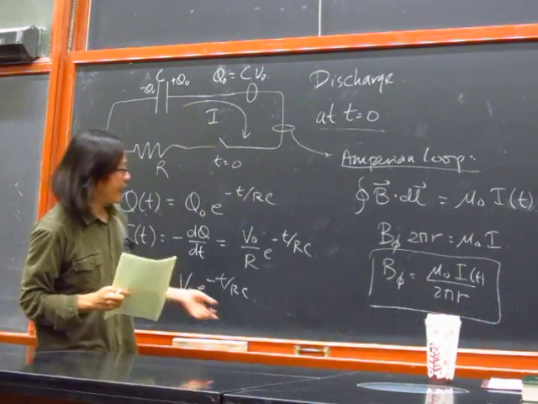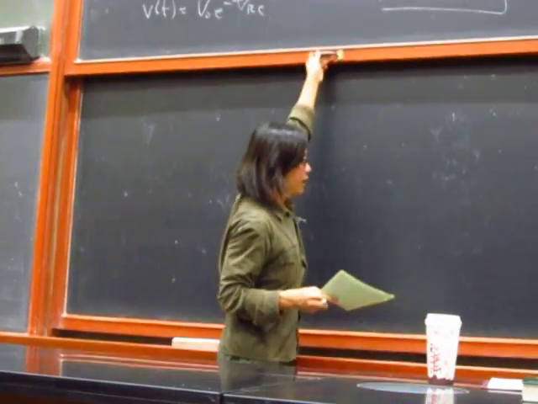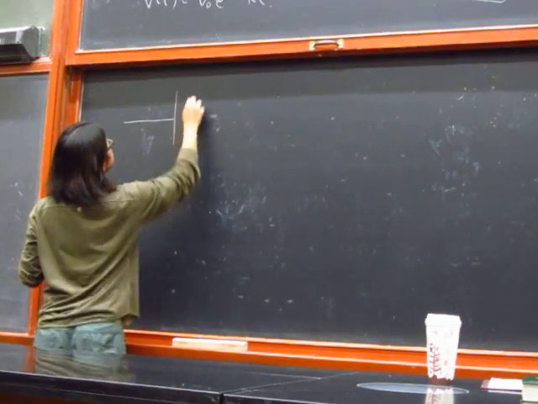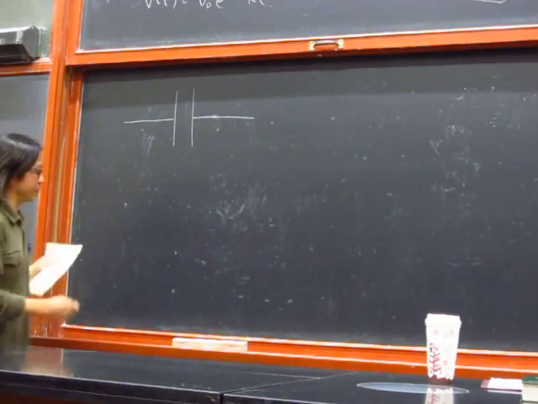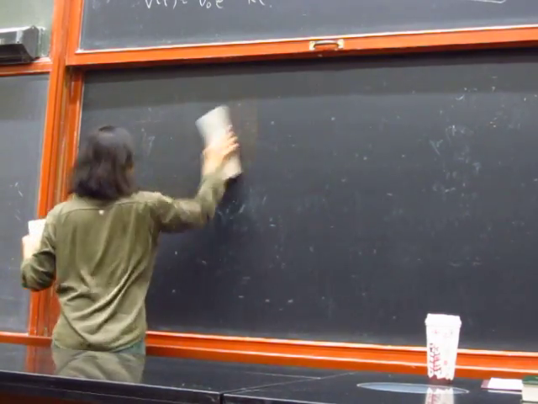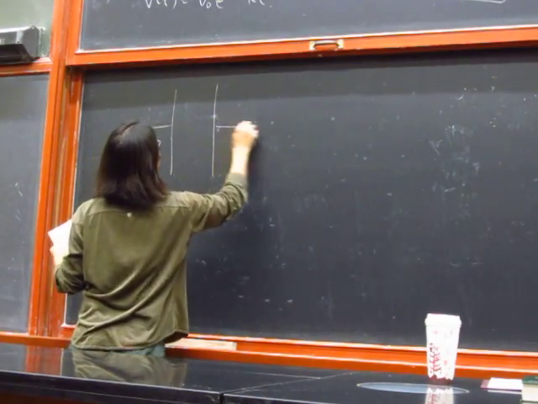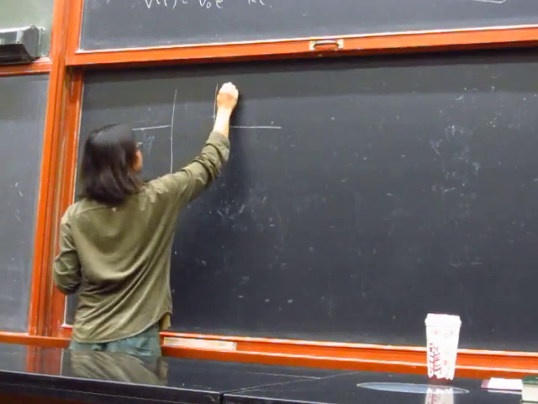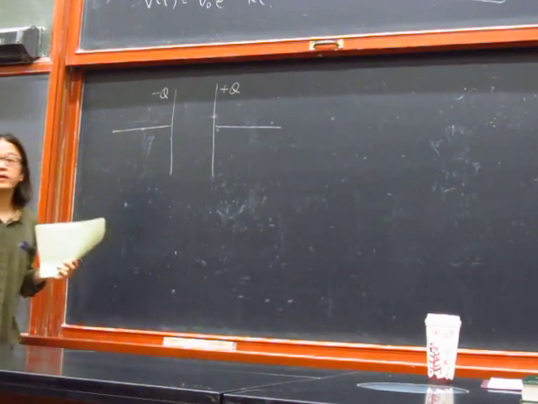So let's look at what happened inside the capacitor itself. So what do you think? Inside the capacitor, because there is a plus Q here and minus Q, there is an electric field.